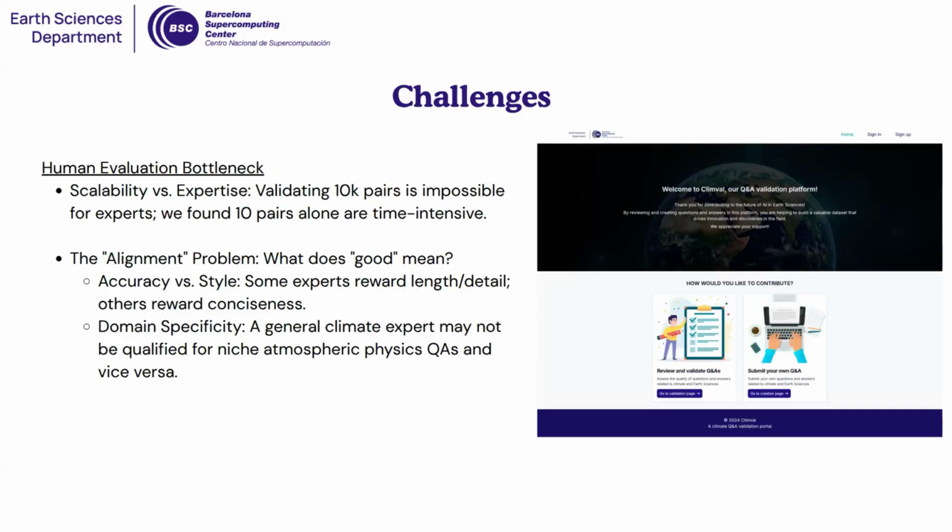Then we hit the alignment problem, where we realized: what does good mean? Some experts preferred long and explanatory answers, while others wanted strict and concise answers. Also, climate science is vast, so a single expert might know about greenhouse gases, for instance, but might not feel qualified to validate questions related to atmospheric composition.